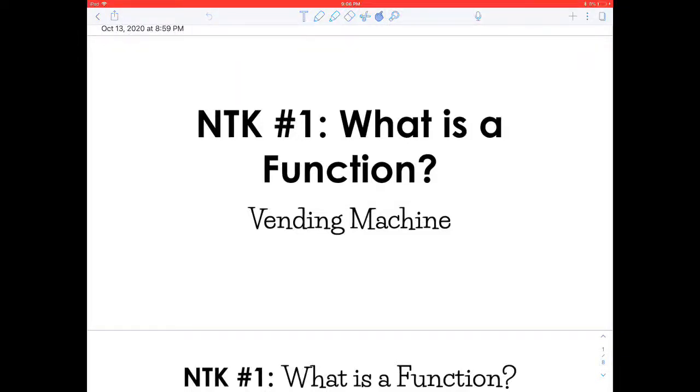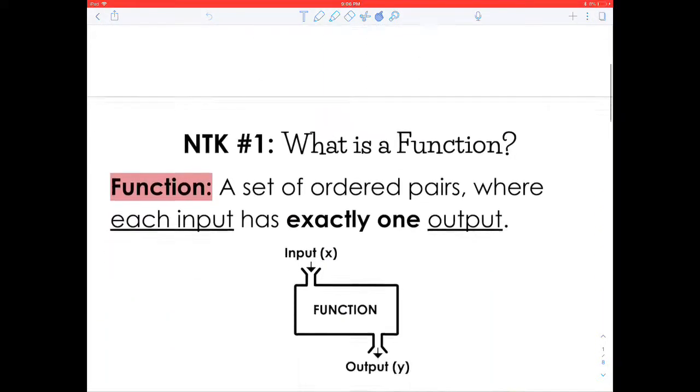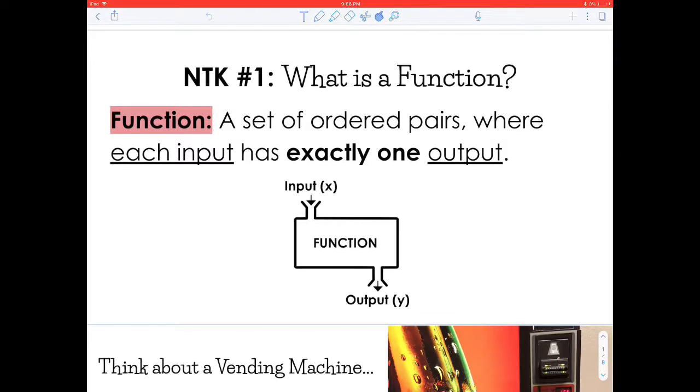Today we are going to talk about our first need to know of Unit 2, and that is what is a function. And we are going to model this using a vending machine example. So, first the definition of a function. This is in your Jumpstart today.